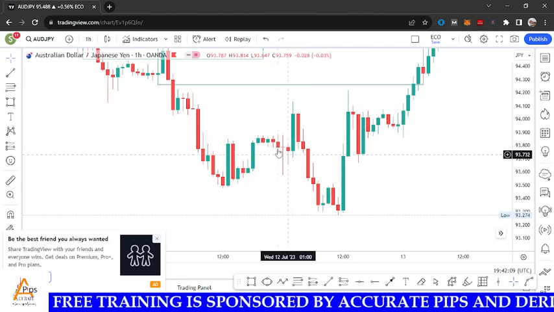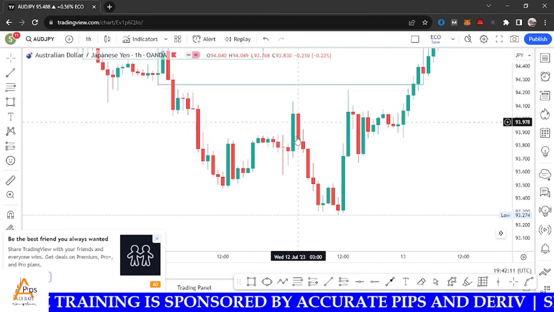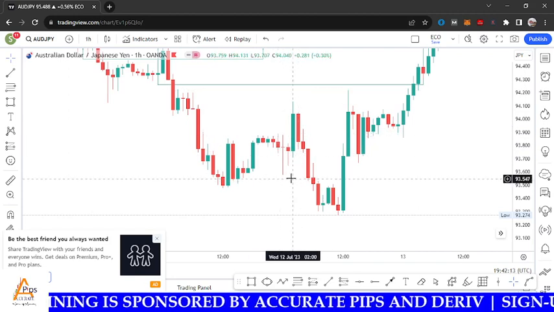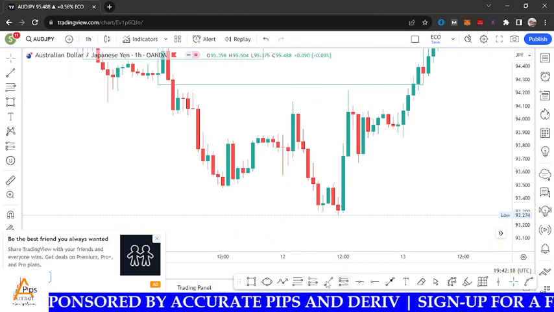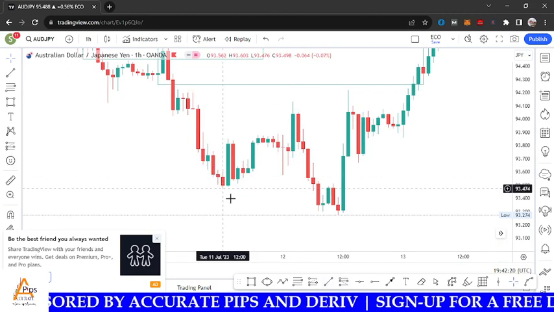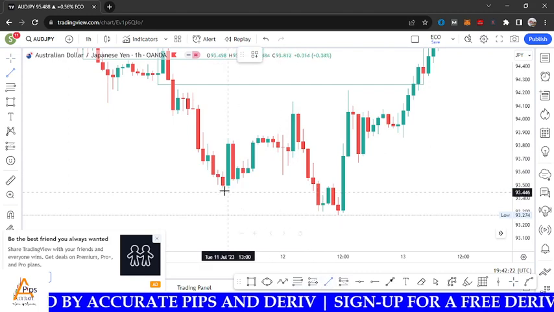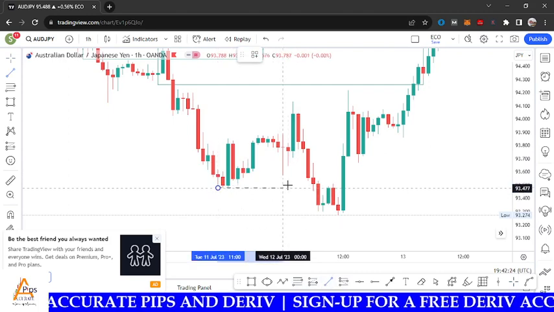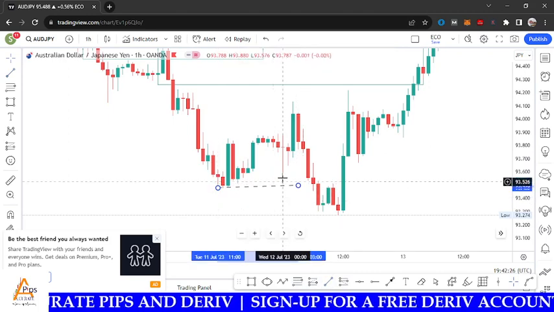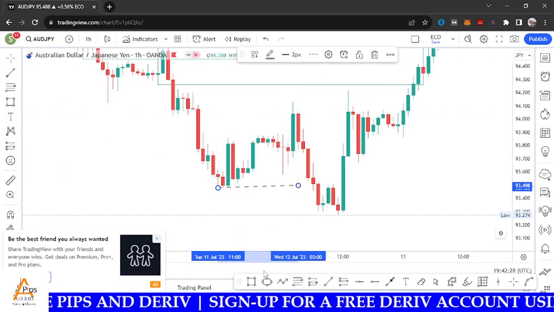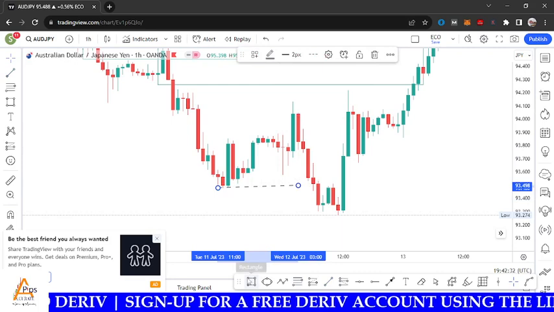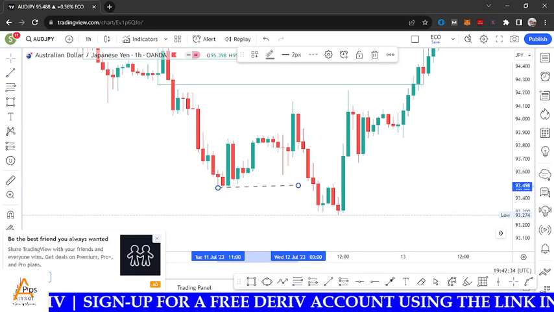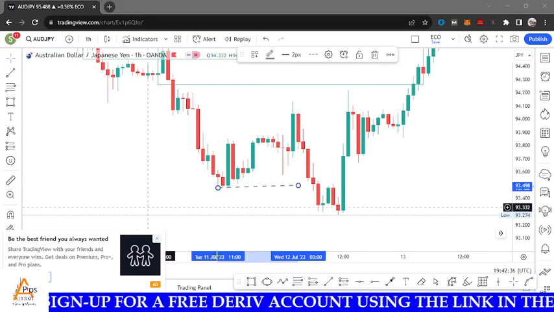So price taking the low here, we have a valid pullback before the last buying momentum, and then price taking this low. So over here, this is our last valid order flow. This is our last valid order flow.